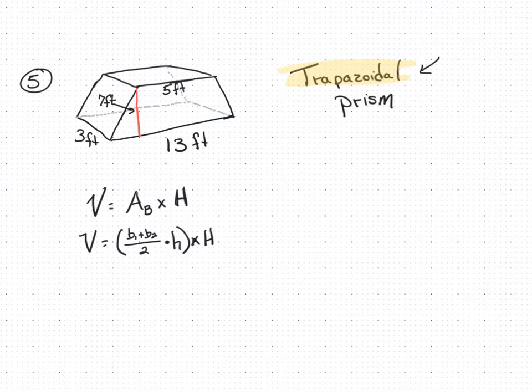I'm going to color in my base, just so that it's easy for me to remember what I'm looking at. My eyes don't get distracted by the different aspects of the prism. You can choose to do that. You don't have to do that. All right, so I am looking for my 2 bases. So here's one base, which is 13, and here's my other base that's 5.